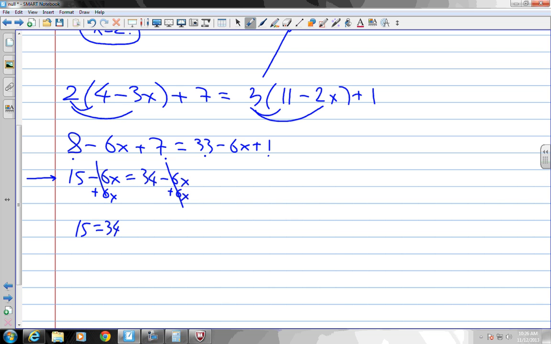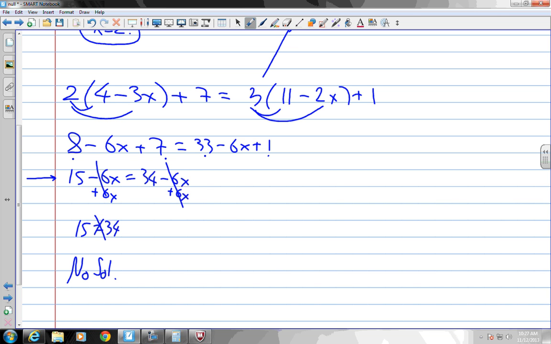No, right? So that basically tells me there's no solution. Regardless of what x is, this will never work. So that's not true, so no solutions. Or graphically speaking, these are two lines that are parallel and do not intersect. Okay. Good.